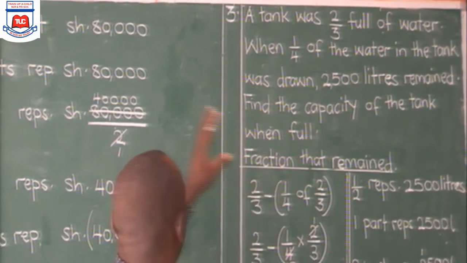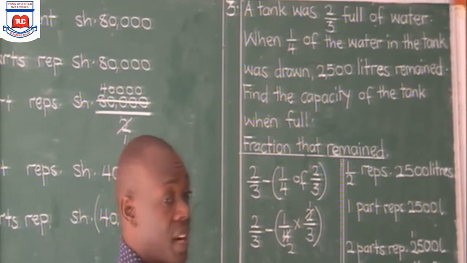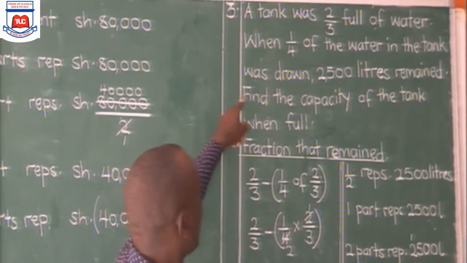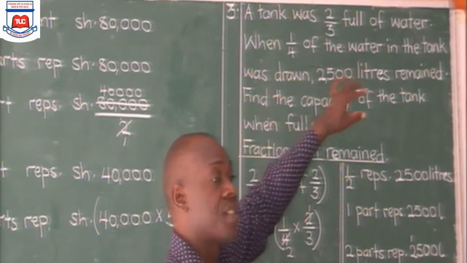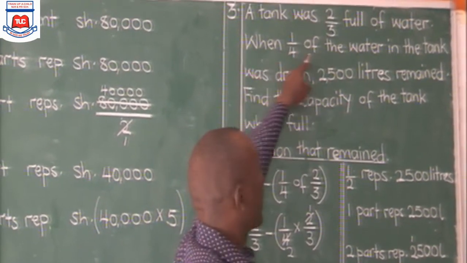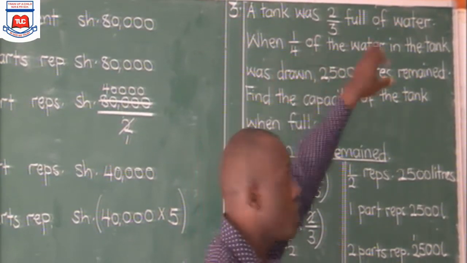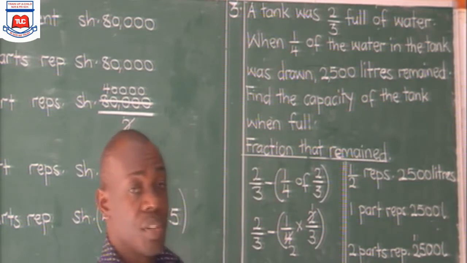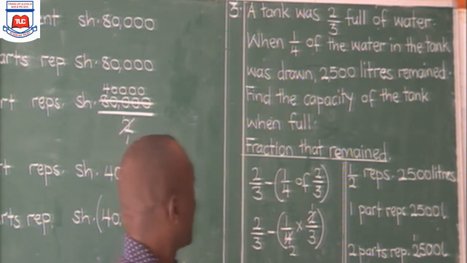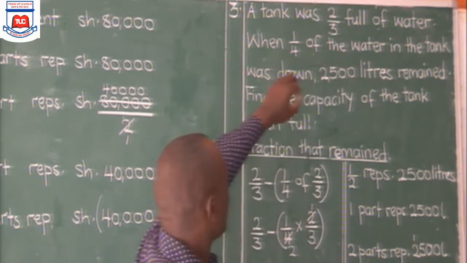But unlike the first 2 examples, here we shall not use a whole number. Why? The tank was not full. It was 2/3 full of water. Then somebody must take note of the word of. They say a quarter of the water in the tank. What was in the tank? It was 2/3. Somebody drew.